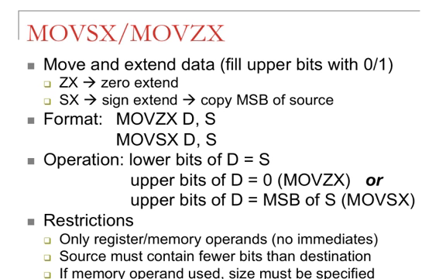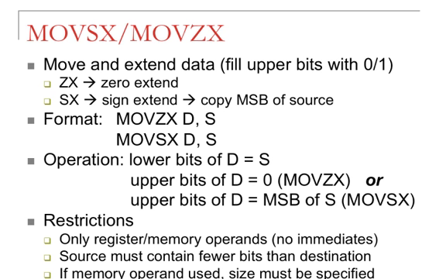By extending the data, we mean it's going to fill upper bits with zeros or ones, depending on which instruction you use and depending on the actual value you copy. ZX is zero extension, SX is sign extension. For the sign extension, you're going to copy the MSB, the sign bit of the source number, into the upper bits.